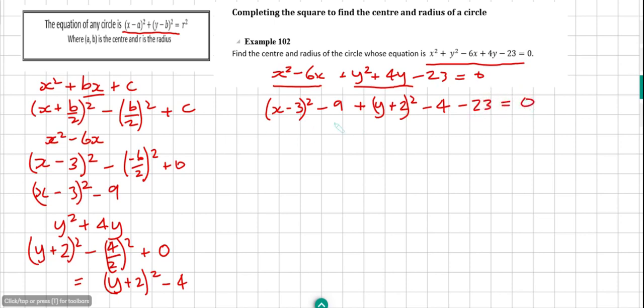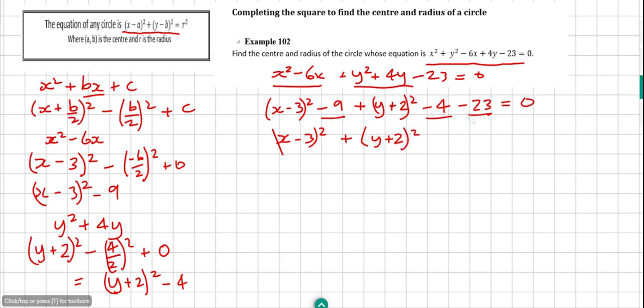So the next thing to do is tidy this up by taking the number part of it, the bit that's not in the brackets. So we're just going to have (x minus 3) all squared plus (y plus 2) all squared.